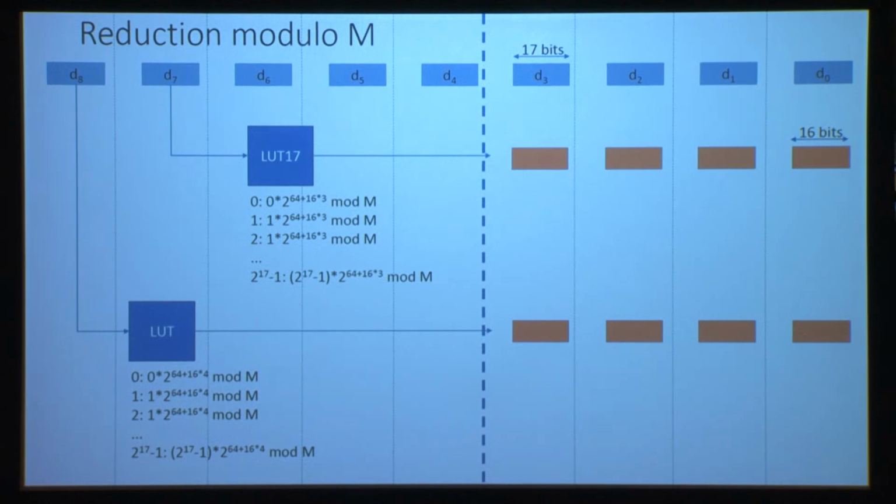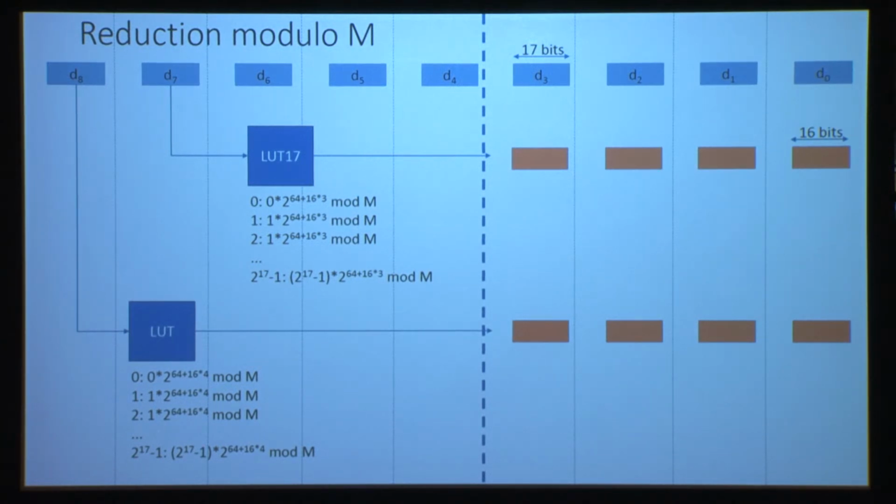So pre-compute all the values from 0 to 2 to the 17 minus 1 for this one, put them in this lookup table, and just take the coefficient as the address input to this lookup table, get the result, and accumulate it on top of these 4 coefficients. These are all 16-bit numbers because they are pre-computed. They don't have to be 17 bits. They are not in redundant representation. They can be 16 bits.